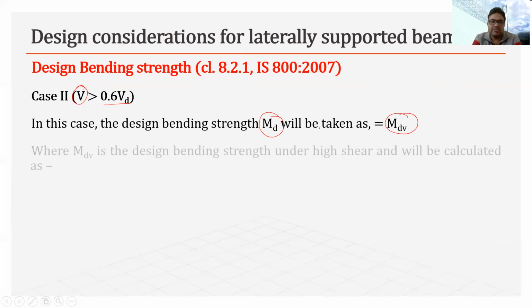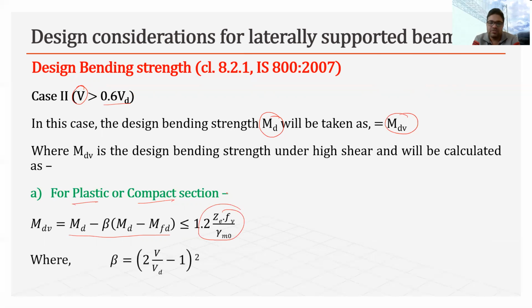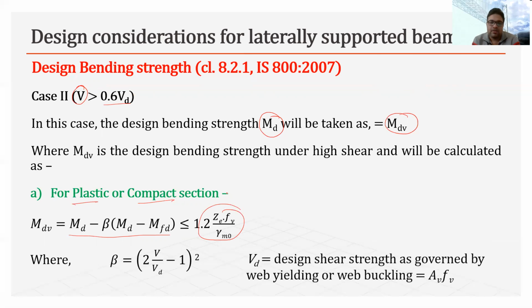Now MDV is calculated for different types of section. Like if our section is plastic or compact, in that case MDV will be equivalent to this value, and again this value should be less than this one in case of a simply supported beam.